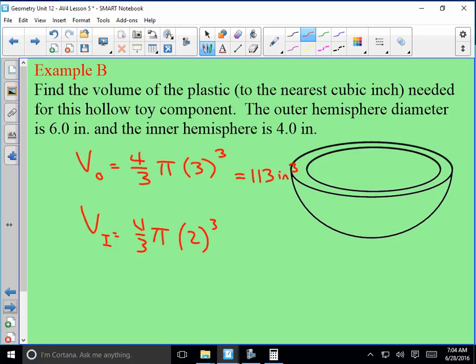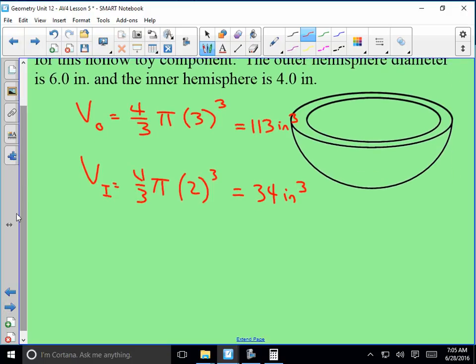So 8 times 4 divided by 3. Okay, 10.6 repeating. We're going to multiply that times pi. And we get 33.5, so we have to round that up to 34 cubic inches, because they wanted us to work with our values to the nearest cubic inch.